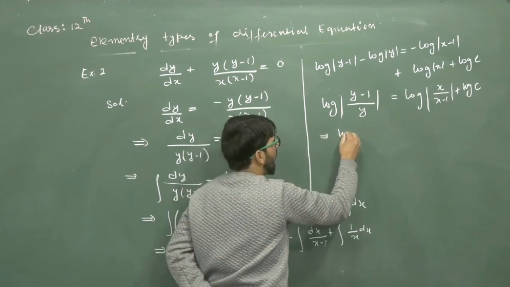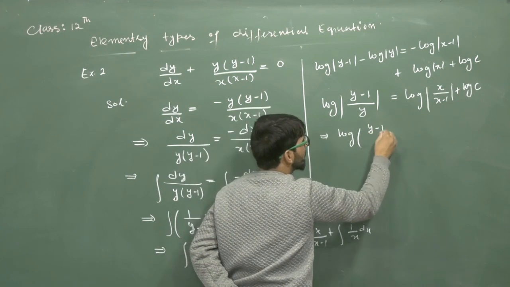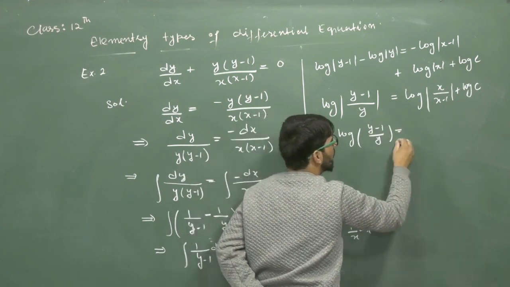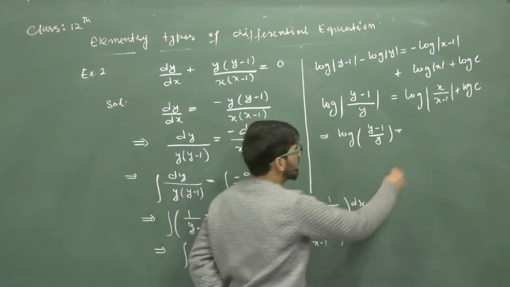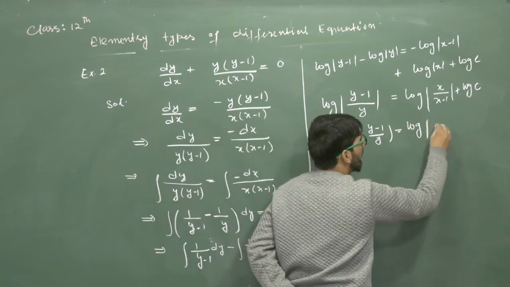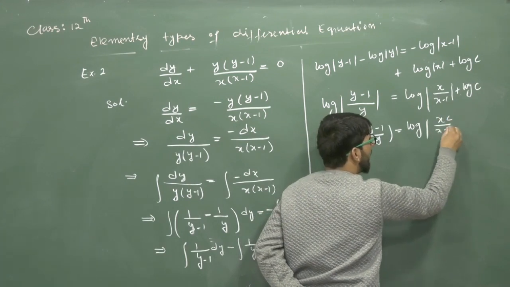So which is equal to log of (y - 1) divided by y is equal to log m plus log n, that is log mn. So this is equal to log of xc divided by (x - 1).